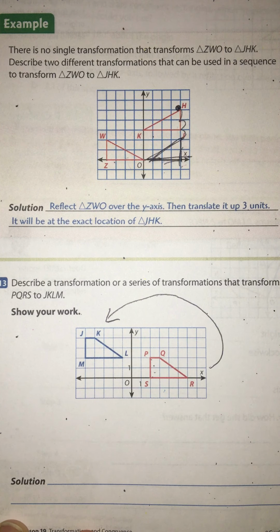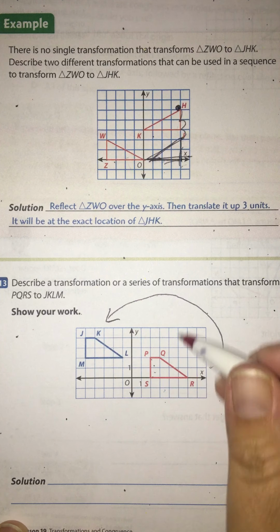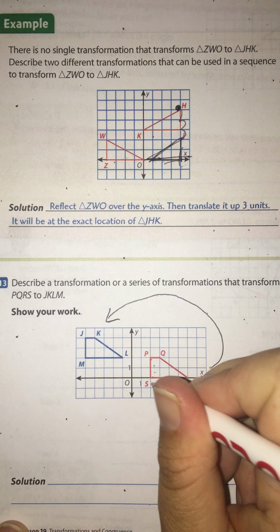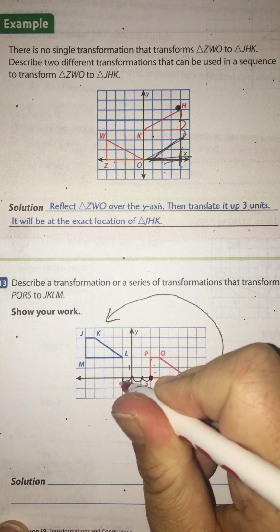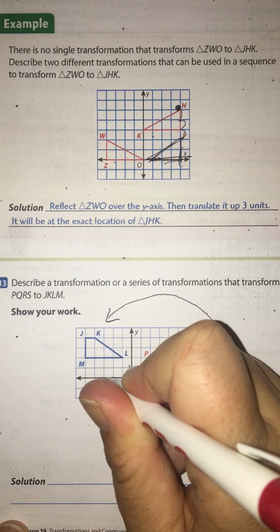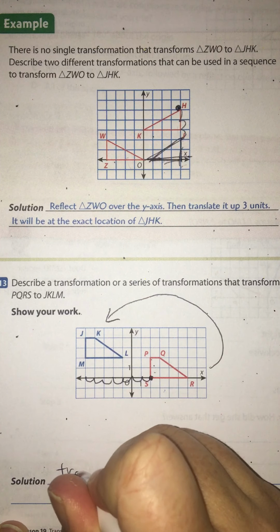If I have to do a rotation, it would have to be a 360-degree transformation. So I'm really just looking at what I want it to look like. So I can translate. So a series of transformations, I'm going to translate this going to the left. 1, 2, 3, 4, 5, 6, 7.